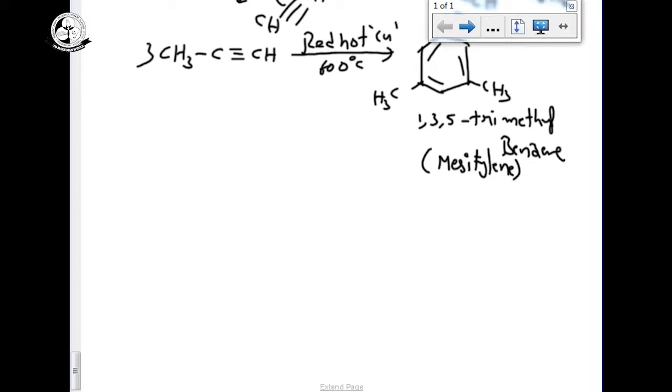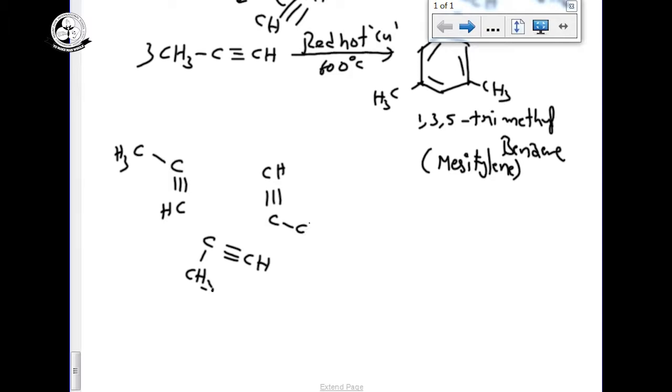See the cyclic polymerization for this one. C triple bond CH and this side CH3. C triple bond CH and here there is CH3. C triple bond CH, here there is CH3.